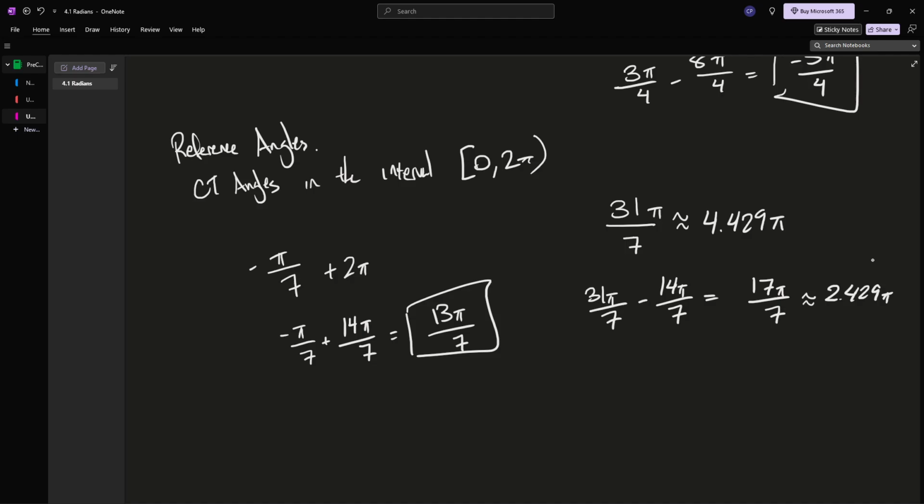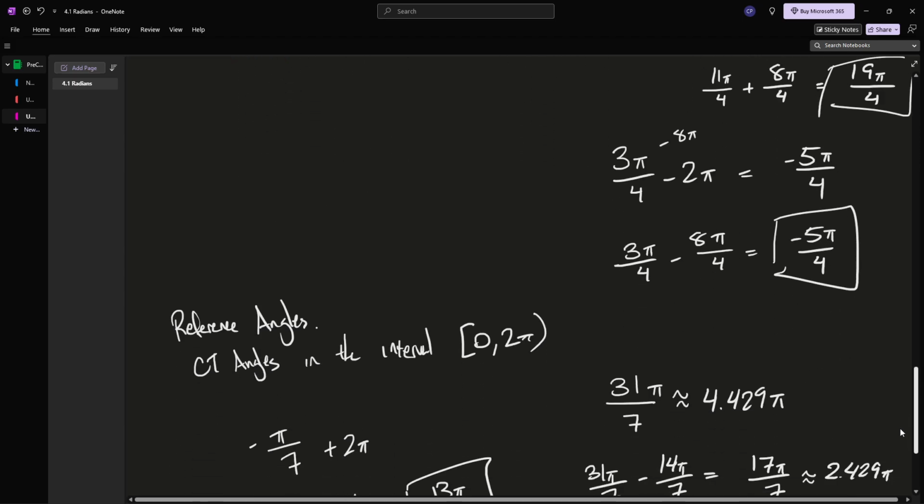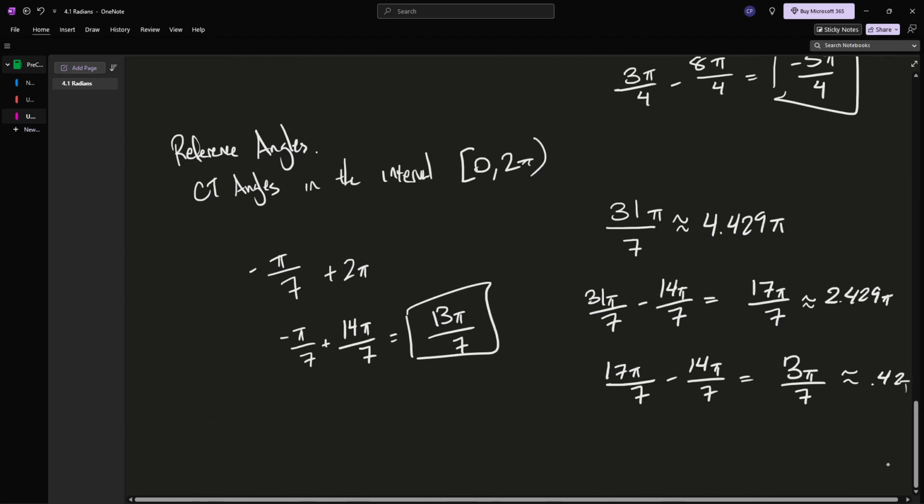That's still way too big, so I'm going to subtract one more time. Minus 14 pi over 7 to get 3 pi over 7. And 3 pi over 7 is roughly 0.429 pi. And that is within my range, and I'm happy. So this is my reference angle.